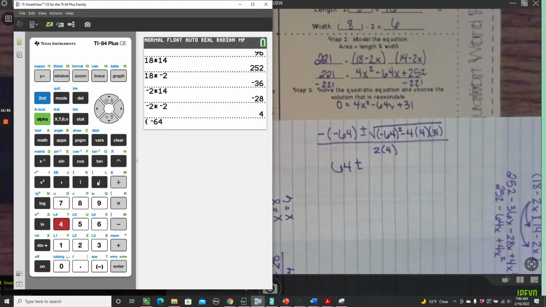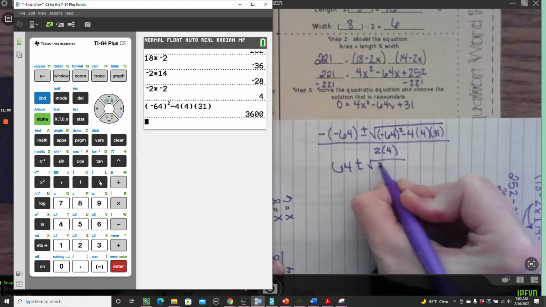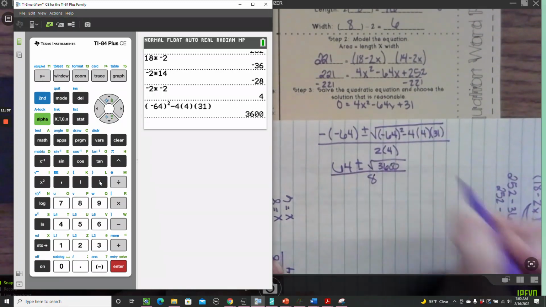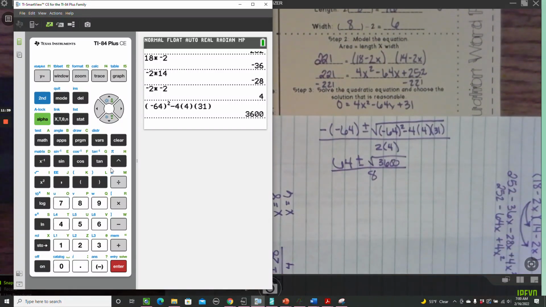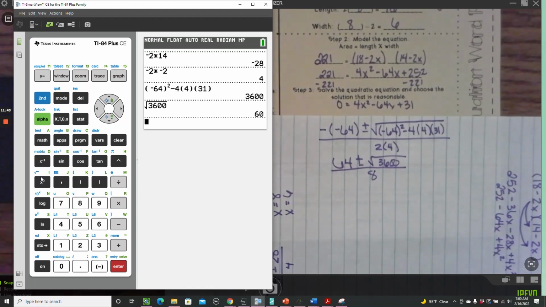Negative 64 squared minus 4 times 4 times 31 gives me the square root of 3,600. 2 times 4 is 8. Square root of 3,600, and we get 60.